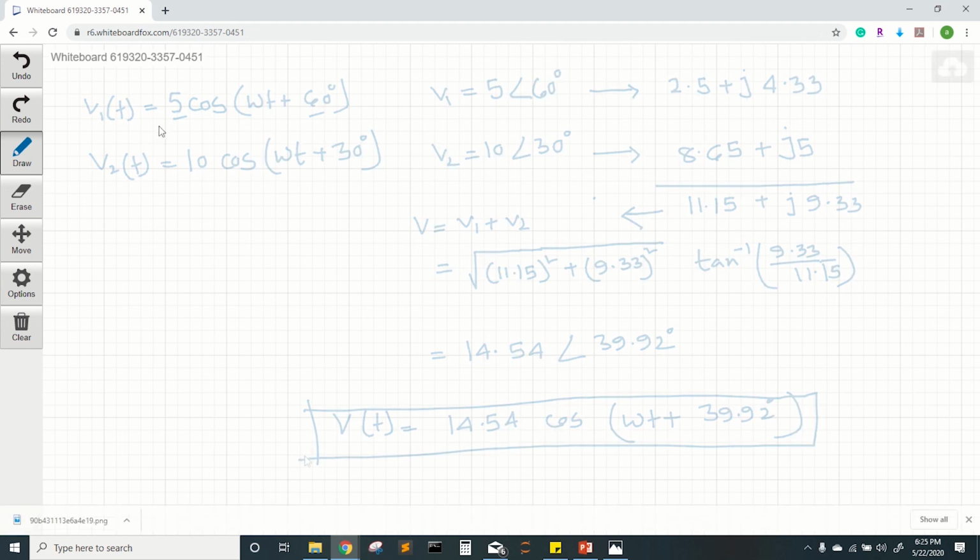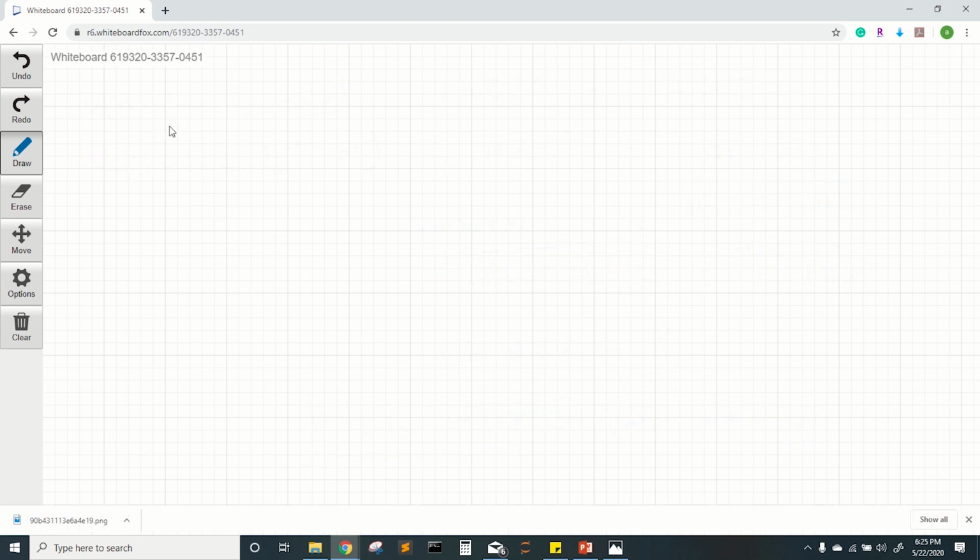Now we will see how multiplication and division operations can be done. Suppose V and I values have been given here.